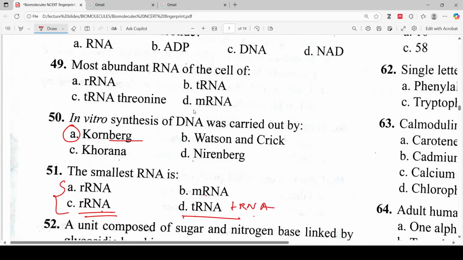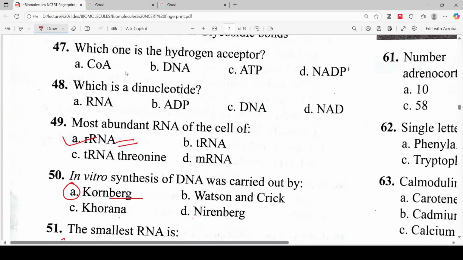So the correct answer will be option A, rRNA. Next question. Which is dinucleotide? So the correct answer will be option C.